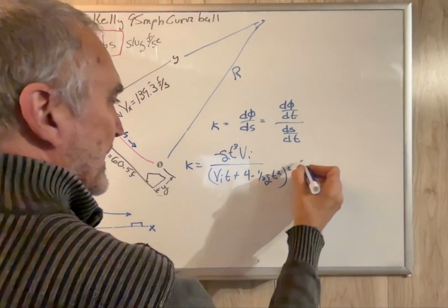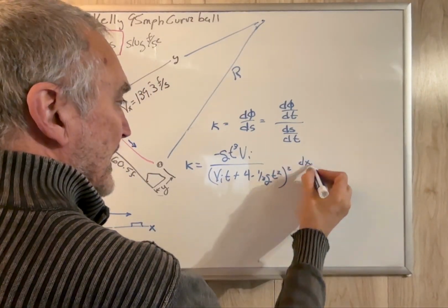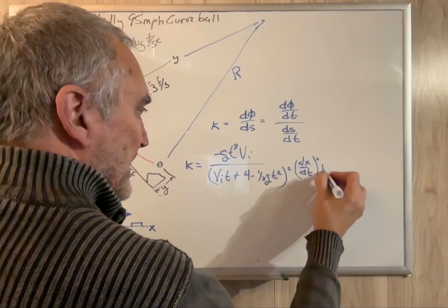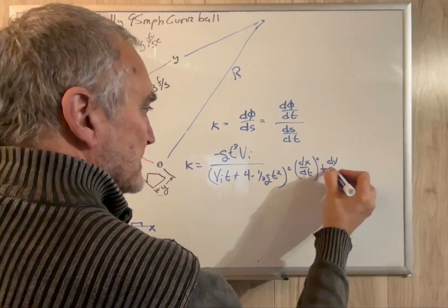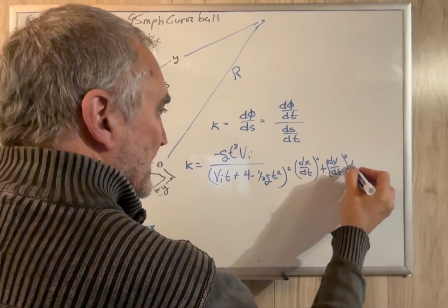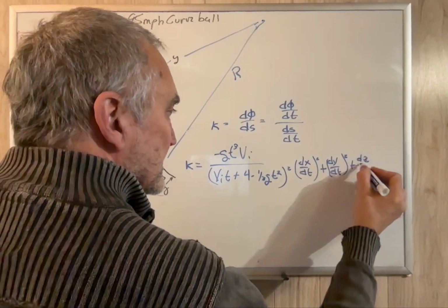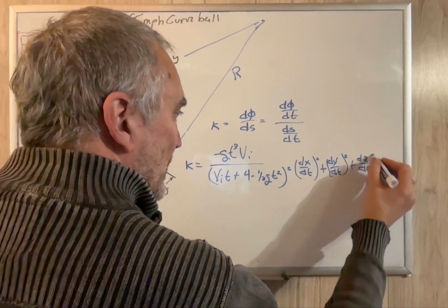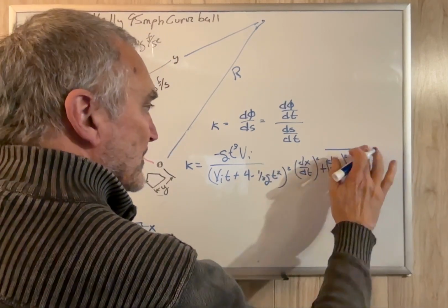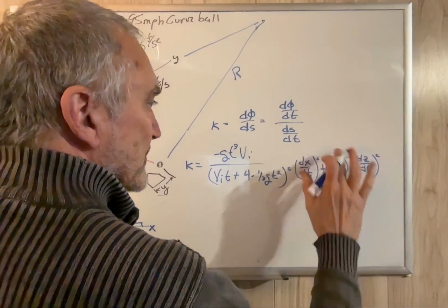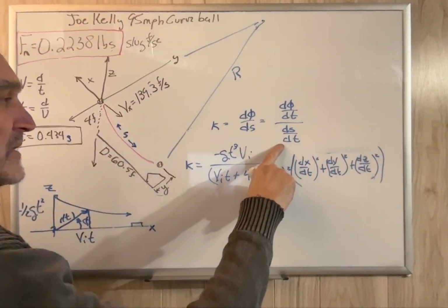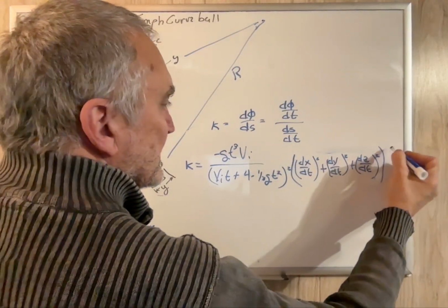So this is going to be times dx dt squared plus dy dt squared plus dz dt squared. And then we want to take the square root of that thing. Well, no, we don't want to take the square root of that thing. We want to multiply this thing because this thing is on the bottom, and we know it's a square root, so this would just be negative 1/2.